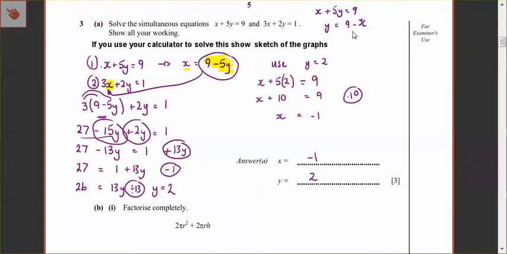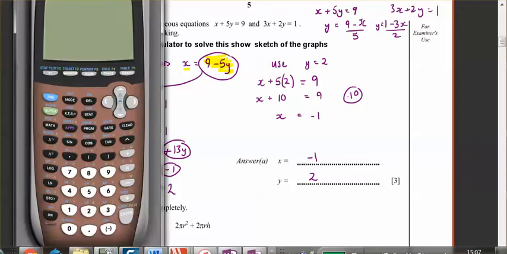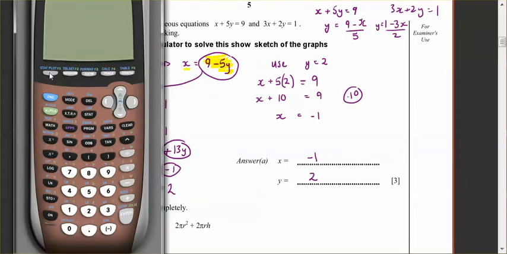Do you remember how to do that? So that's the first one. And the next one, 3x plus 2y equals 1, I rearranged to be y equals 1 minus 3x, all divided by 2. If you can't remember how to do that, something to look at. Then in my calculator, I'm going to put those in.